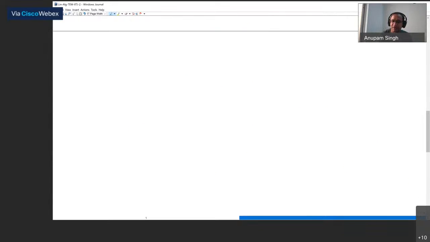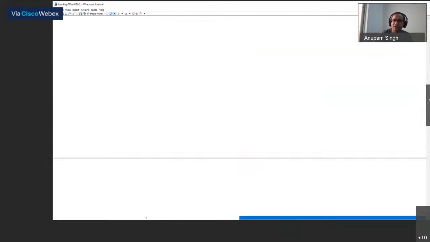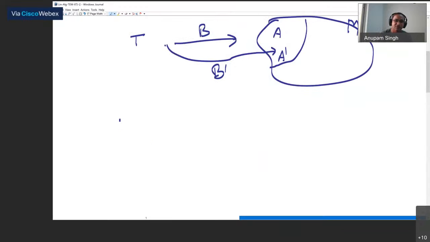However, we know by the definition of base change that all these matrices are similar to each other. So we learned that A and A dash are similar.